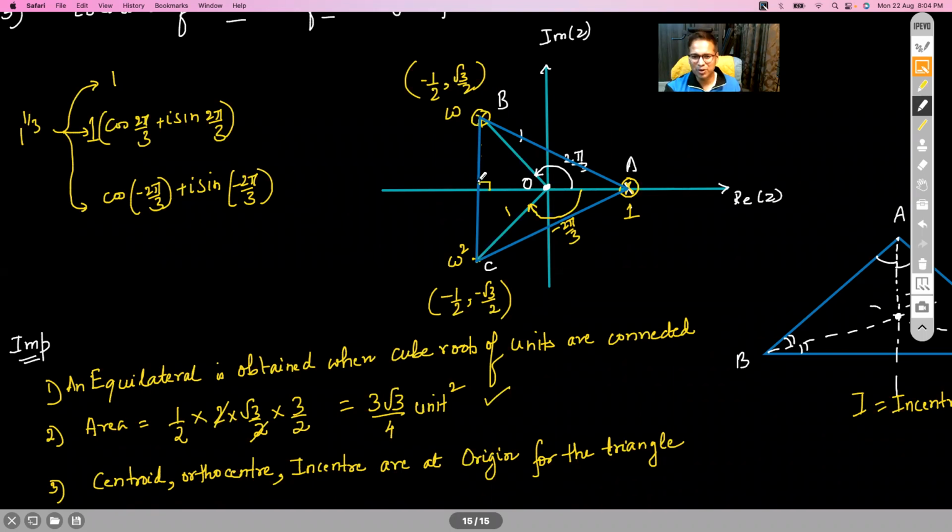So even if you drop your altitudes, they will meet at the same position. For example, if I drop an altitude on this and altitude on this, they will meet at the same point, origin. And they will also be perpendicular. They will also be bisecting the sides also. Are you getting my point? So these lines that you are seeing here, they will also be altitudes as well as they will bisect the opposite sides also.